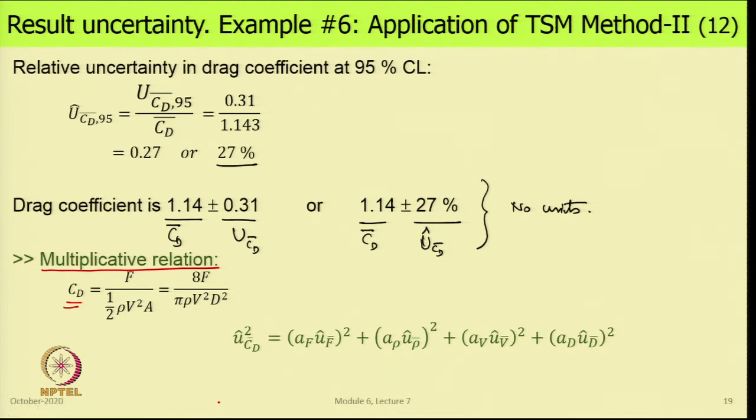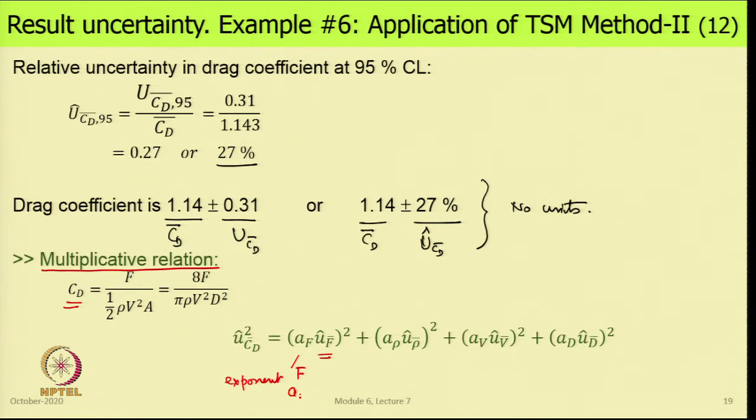and the shortcut goes like this: u hat, which is the relative standard uncertainty in the drag coefficient, the square of that is the sum of A f into u hat f, squared, where u hat f is the relative standard uncertainty in force and A f is the exponent of force. In this case, the exponent of f, as you can see from this relation, is 1.